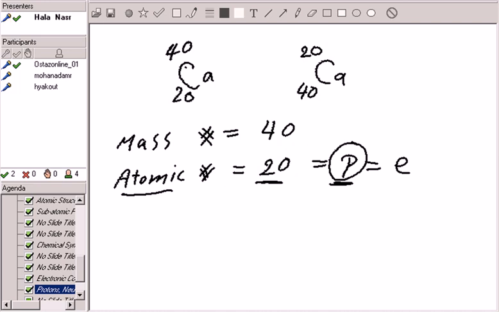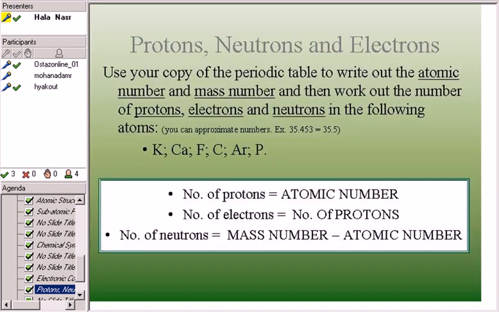Is this point clear? The atomic number is the proton number. Please do not say it's the electron number, because the electron number changes when the atom does a reaction. Very good. So now let's move back to our slide. Okay, perfect.